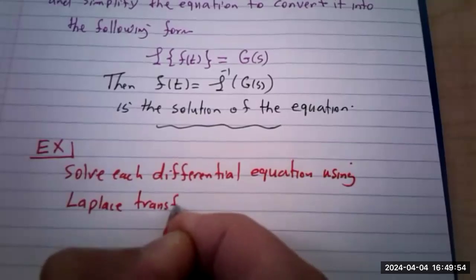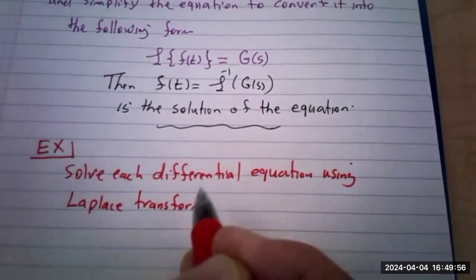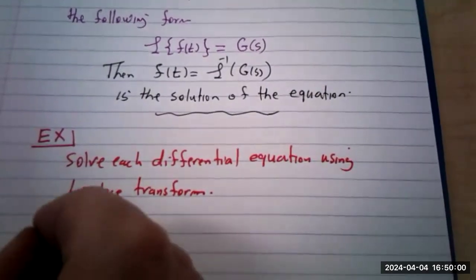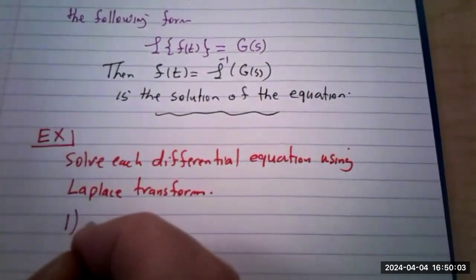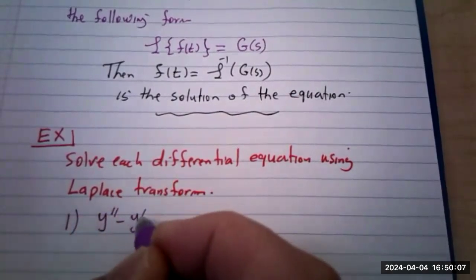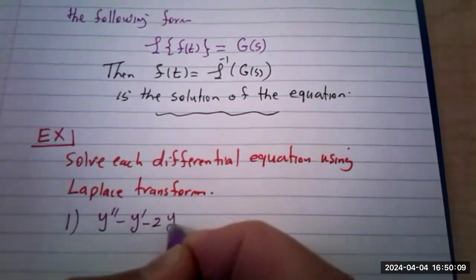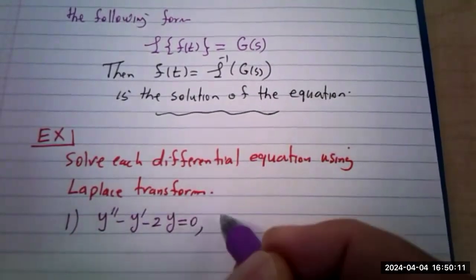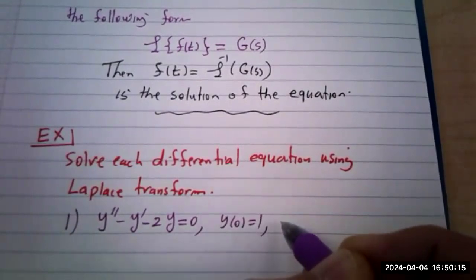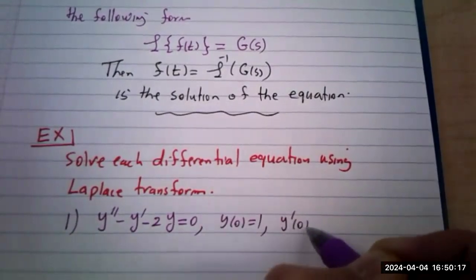Remember, you have to use this method and not anything else. So let's try the first one. They are going to be very standard. y double prime minus y prime minus 2y equal to 0, y of 0 is equal to 1, y prime of 0 is equal to 0.